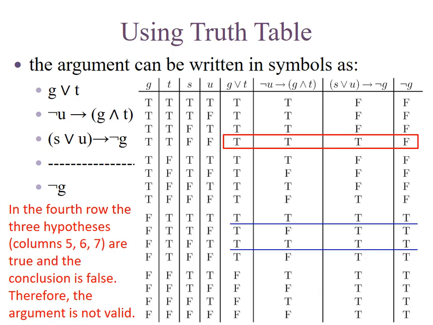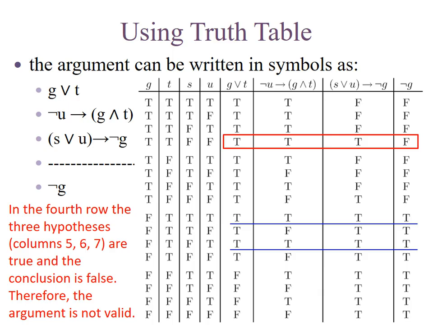So we can examine the truth table. Once the three premises are true, we have all these cases where the conclusion is also true. But in this case, we can see for the fourth column, the premises are true but the conclusion is false. Actually, we have three columns where the premises are all true.